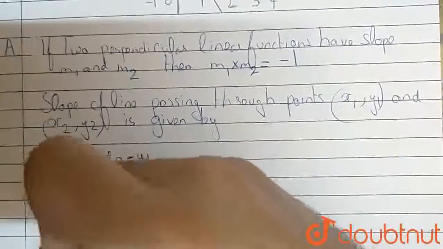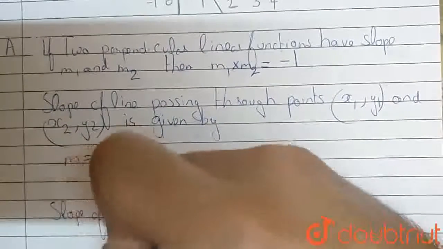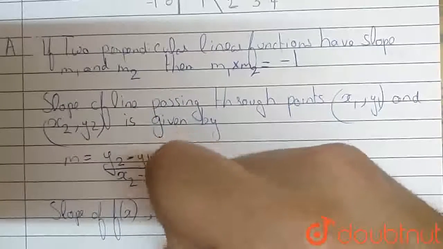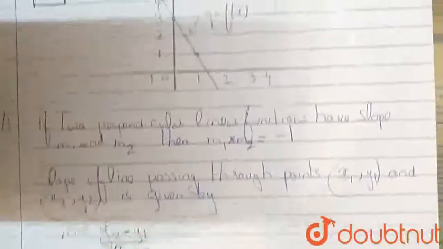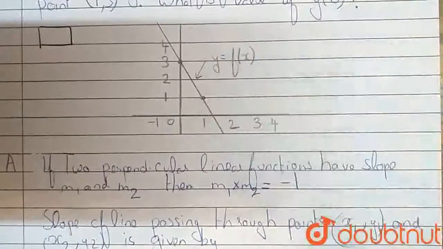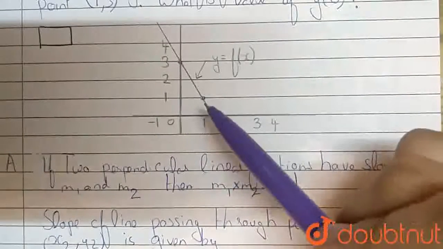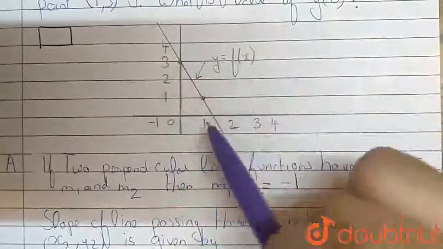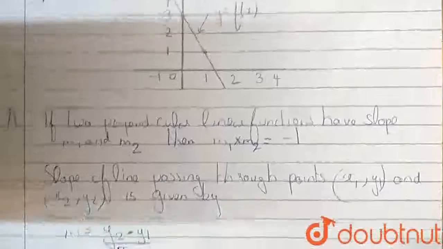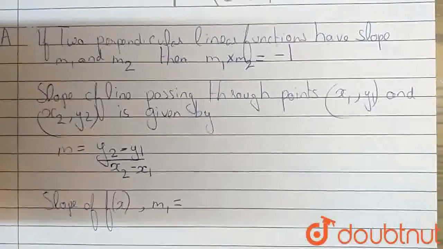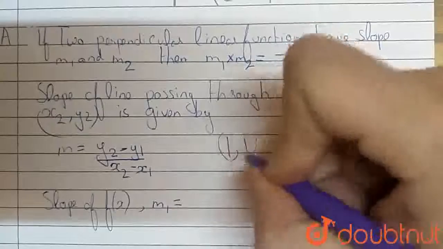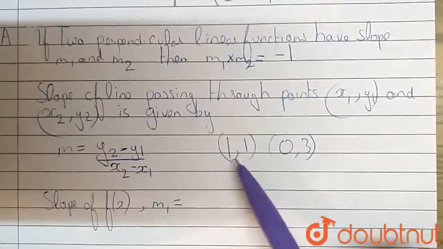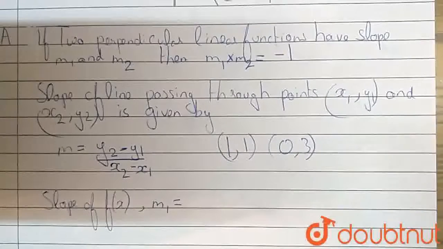So let us say the slope of f(x), which we will represent by m1, is equal to, we can see here that the points (0, 3) and (1, 1) lie on this line f(x). So if we write the 2 points (1, 1) and (0, 3), we can treat this as (x1, y1) and this as (x2, y2).